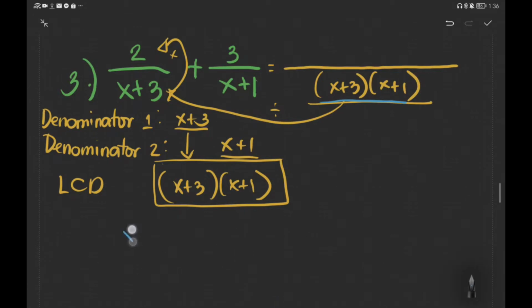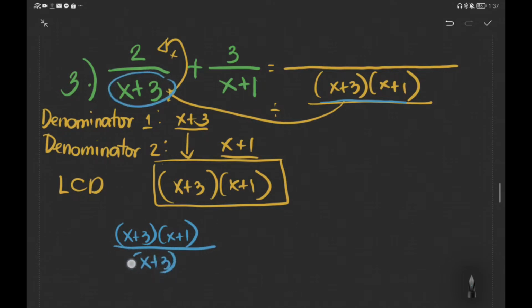So, we have x plus 3 times x plus 1 divided by first denominator x plus 3. Okay, since x plus 3 is the same, we can cancel this out. What remains is x plus 1. What remains is x plus 1, multiply by the numerator 2. So, that is 2 times x plus 1.